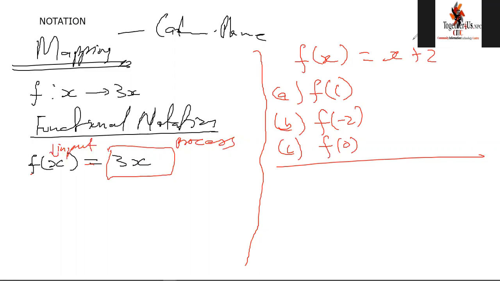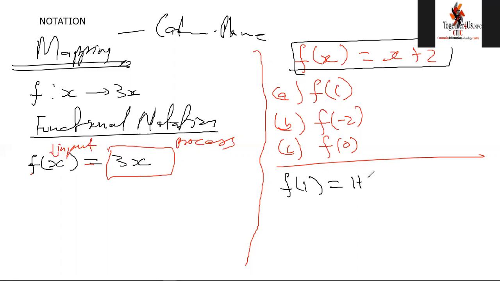So if we were to answer this, for f of 1, I'm just going to take my formula or the notation and say, where I see x, I must put a 1, so it's 1 plus 2, and this is 3. And then for f of minus 2, I'm going to have minus 2 plus 2, and that's a 0.